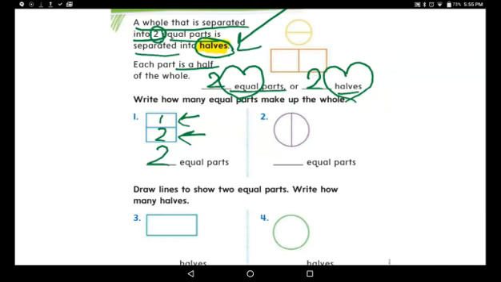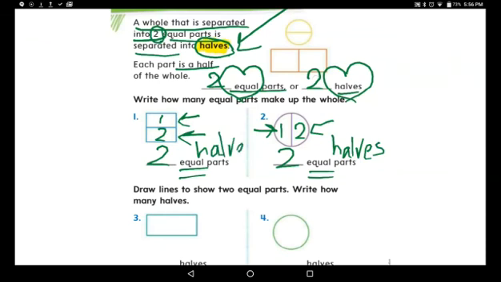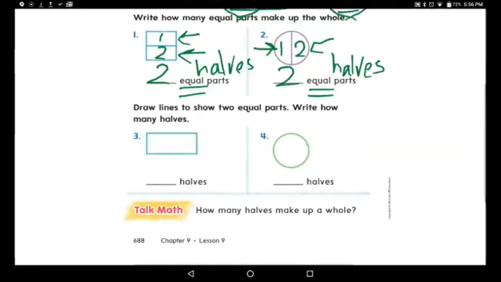The circle is separated into two equal parts. 1 and 2. So two equal parts. Here equal, here equal. So I can say halves here. And here also I can say halves. Great job.